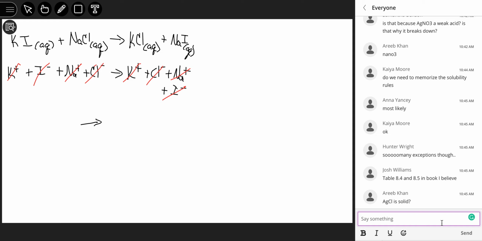So what they say happens at this point is they just write no reaction, because there were no solids, no liquids, and no gases formed. So those are the two options you can have. You can either have a reaction or no reaction.